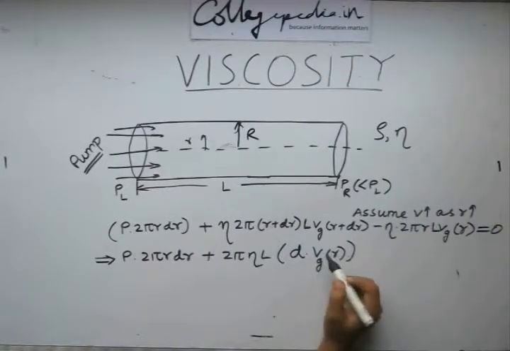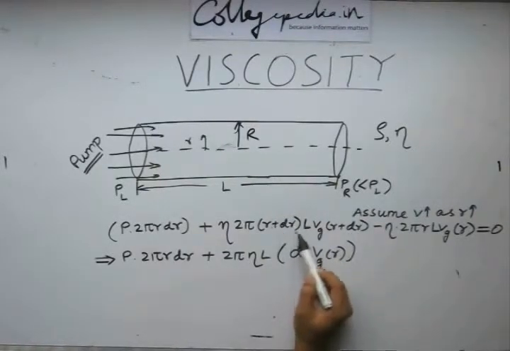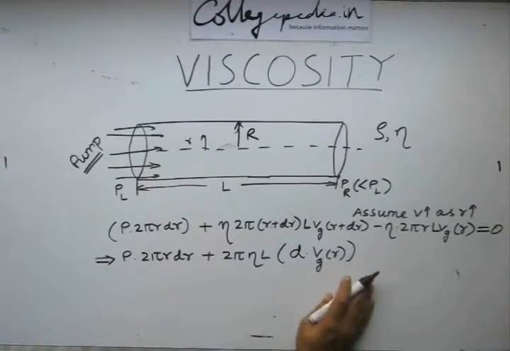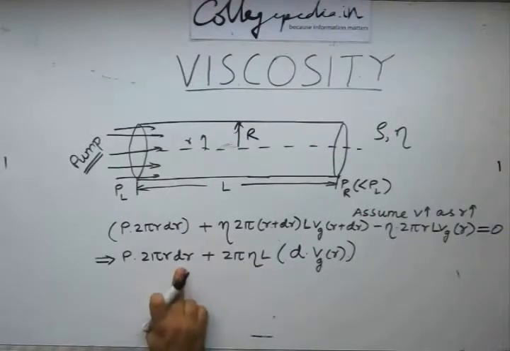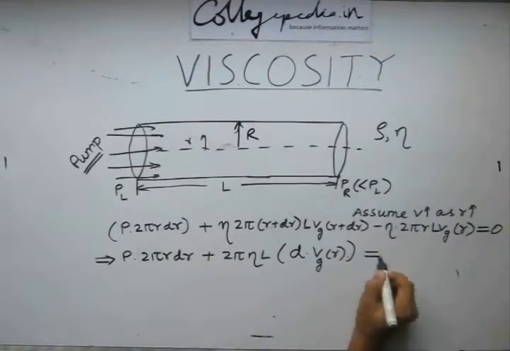Vg is the quantity being changed and it is changing by an infinitesimally small amount by virtue of dr. So we are considering a differential element of Vg. This is a small change in velocity gradient and this is a small change in the radius. This quantity should be equal to 0.